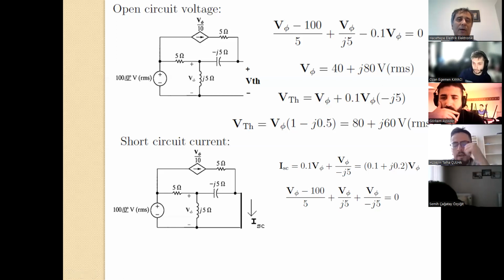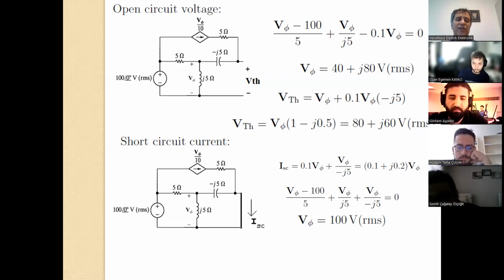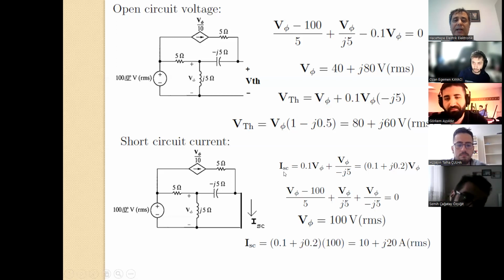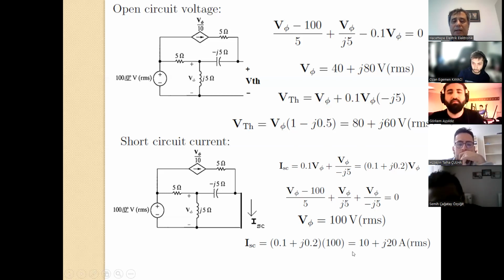You don't need to write more equations. That will be good enough. So you calculate V5, 100 volt, nice. Then find the short circuit current now, because in the first equation we have already found it. So this is 10 plus J20 ampere RMS.